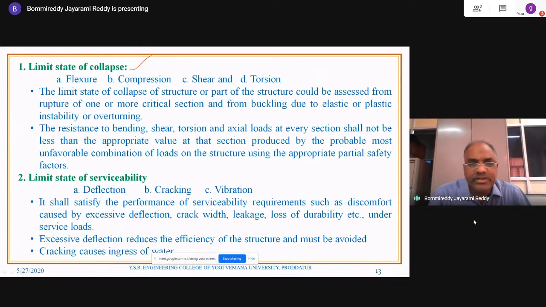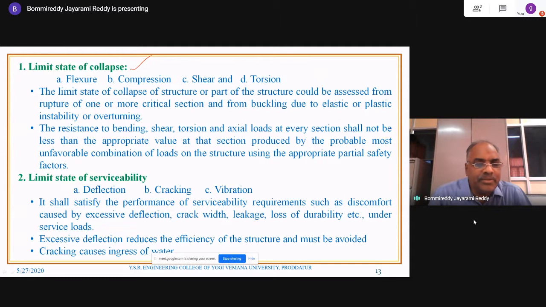So that means at any stage, the resistance of the structural component must be greater than the most probable unfavorable condition of the loads acting on the structure.